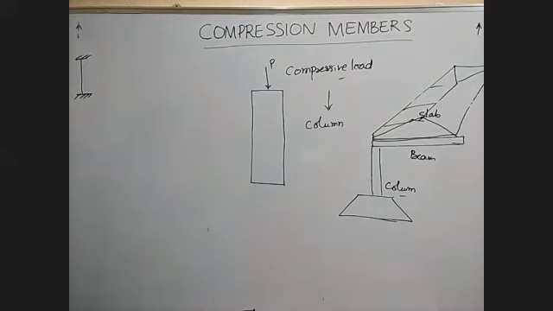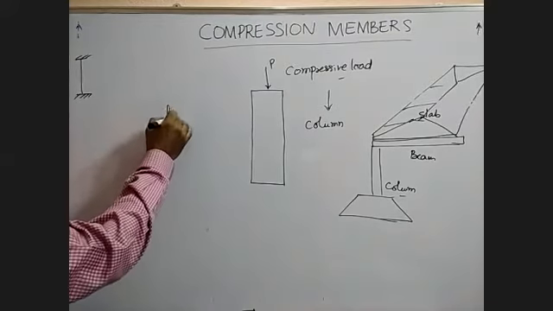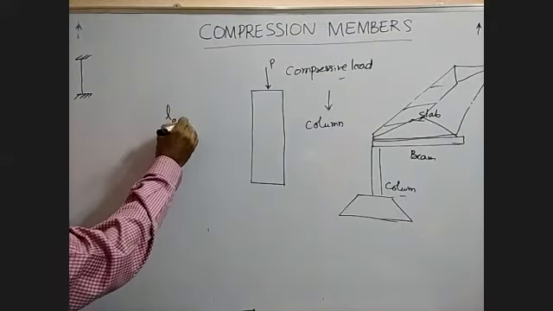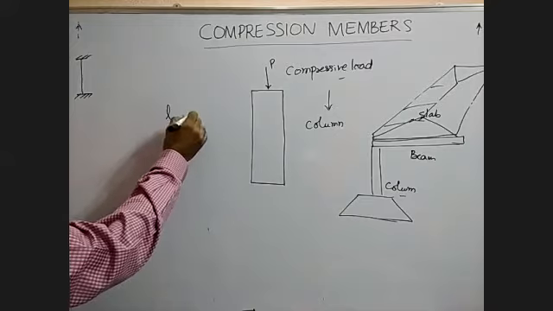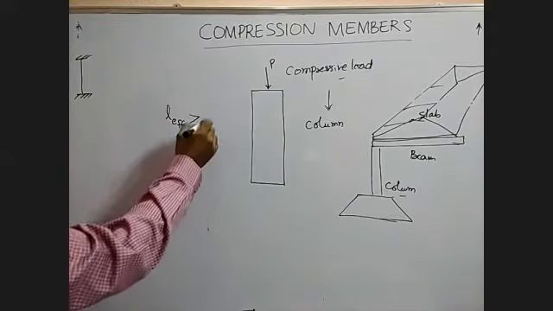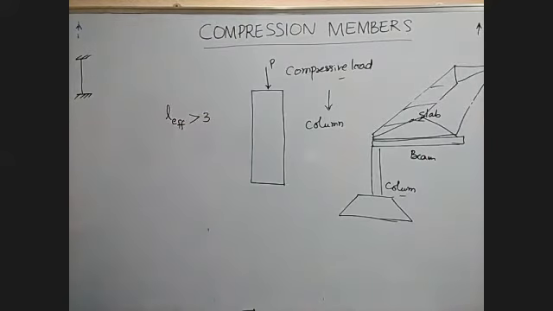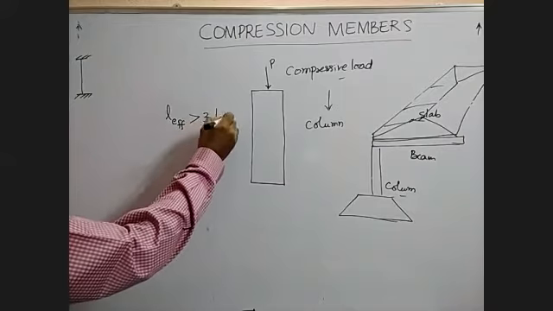Now, another definition is a vertical member whose effective length, L effective, is greater than 3 times the least lateral dimension.